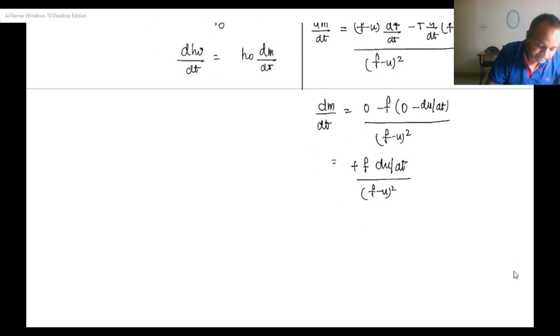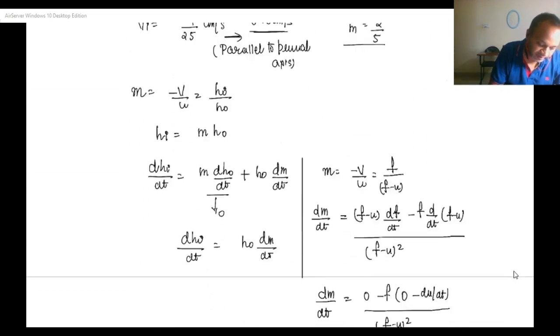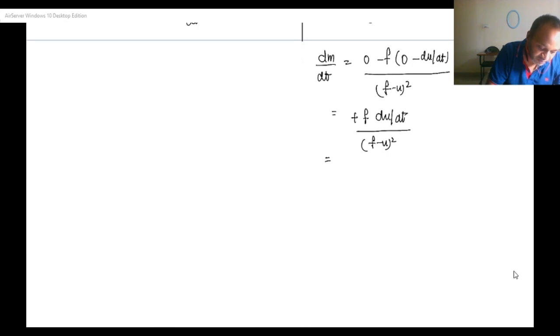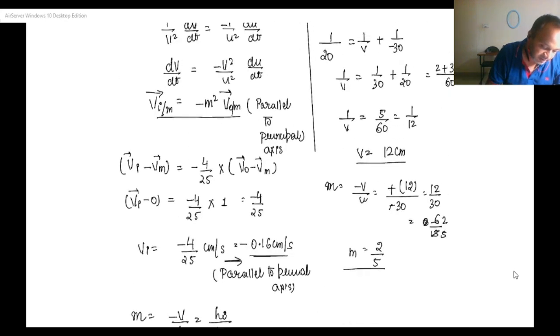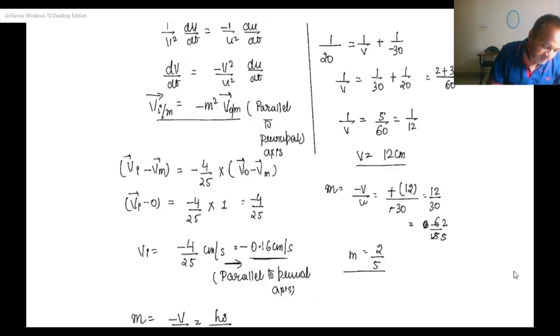And if you calculate here, putting the values, focal length f is equal to 20, so putting f is equal to 20 here into du by dt, that is the object velocity, which is 1 centimeter per second.